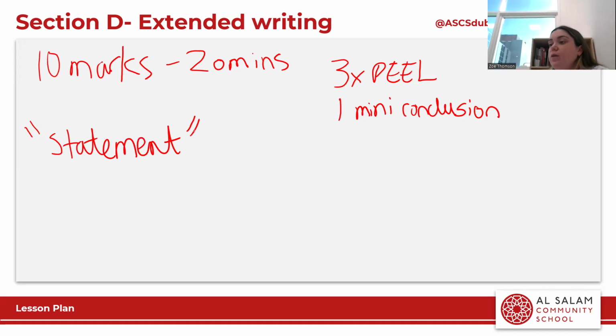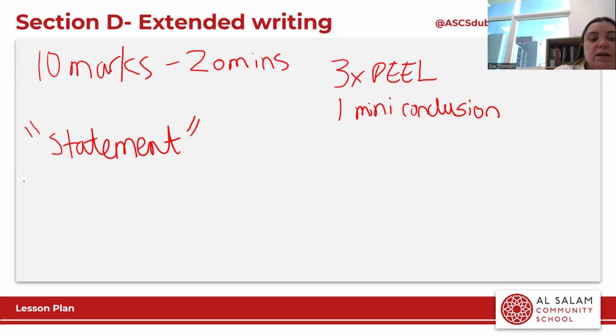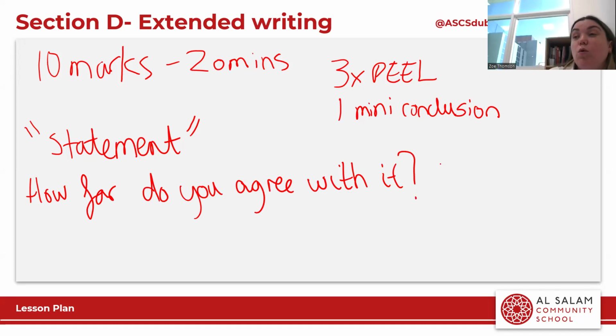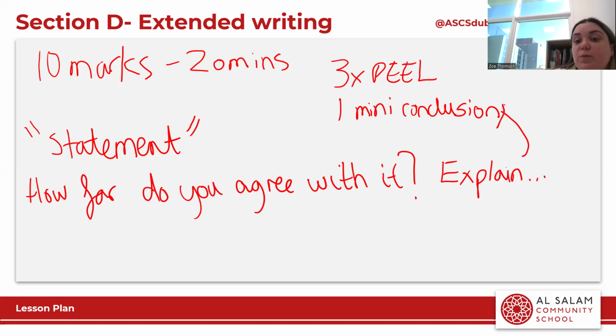And then you will be asked, how far do you agree with it? And then it will say, what do you reckon it's going to ask you to do next? Explain your answer, okay? And that is why you need to be able to write PEEL paragraphs, because you are essentially in this answer writing 3 PEEL paragraphs.